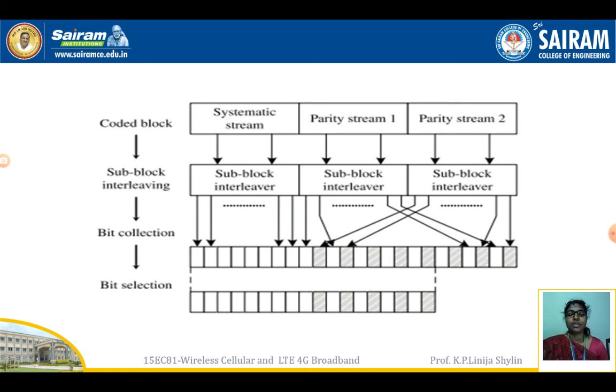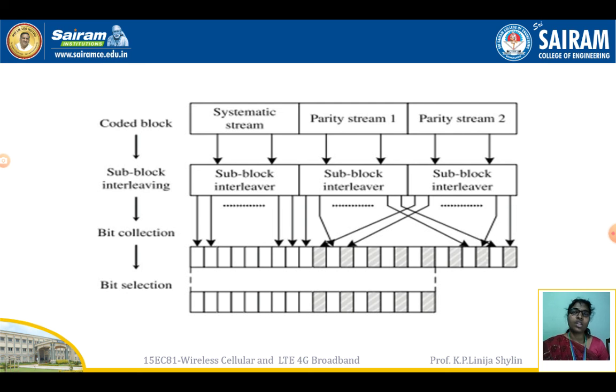It is based on the number of allocated resource blocks, that is the first category, and also based on the modulation scheme. The third category is based on the multiple input, multiple output mode. Based on these three categories, we are able to select the sequence length.